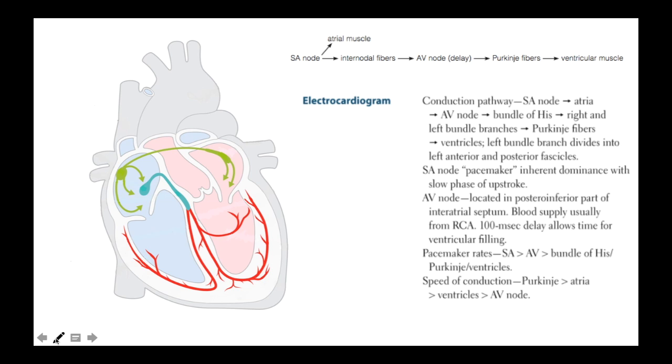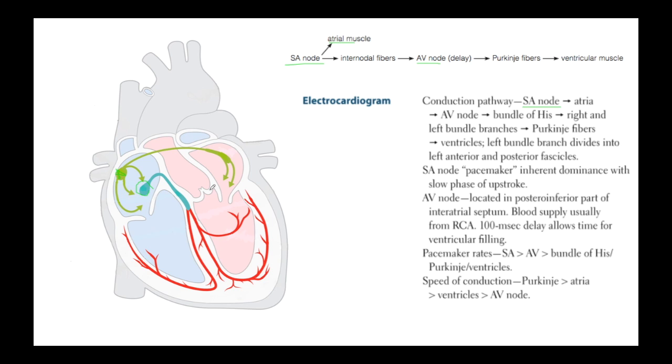So just to quickly go through the flow of our cardiac conduction, we begin in our SA node, which is going to conduct through our atria and reach our AV node.